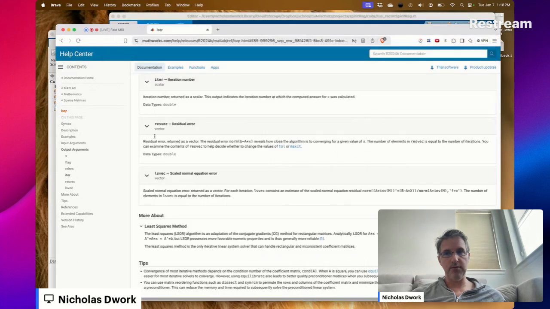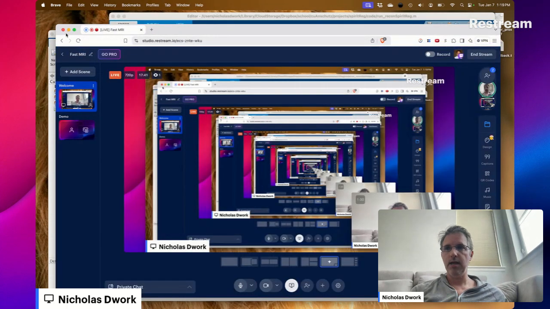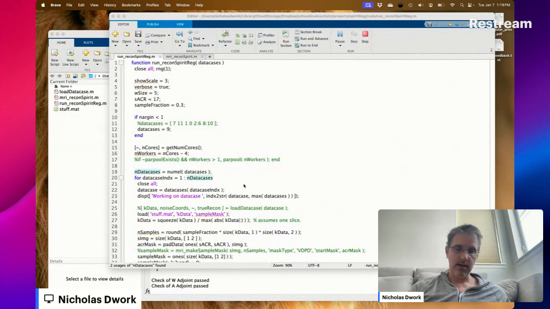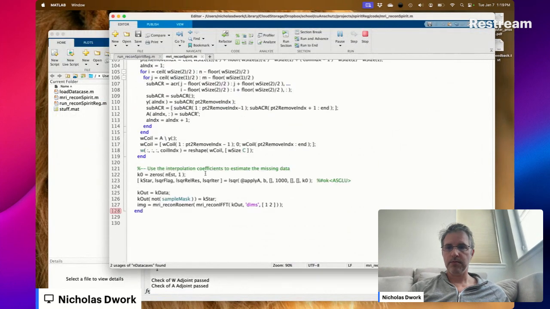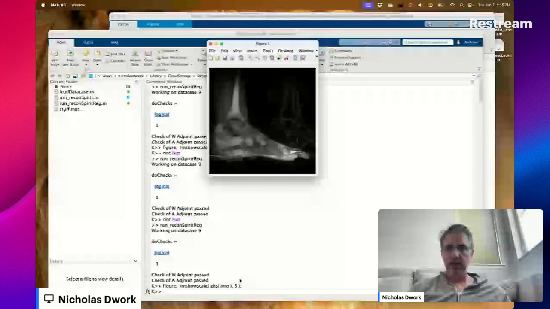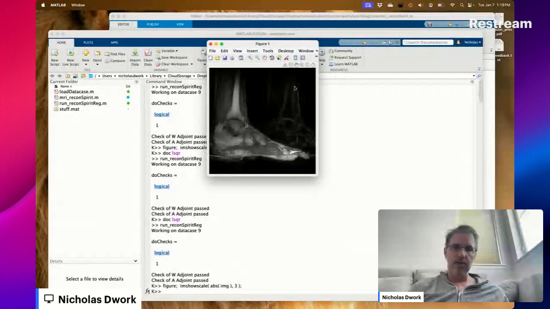Now, LSQR is very related to conjugate gradient method. Conjugate gradient method shouldn't take 1,000 iterations to converge on a problem like this. Notice we're not getting the issue now that A is rank deficient, so that's good. We still have terrible aliasing.